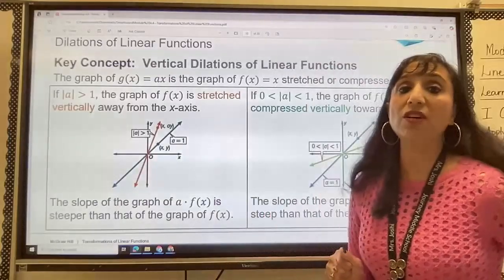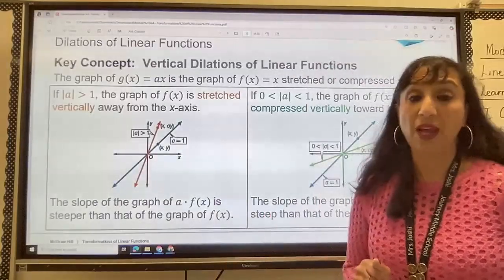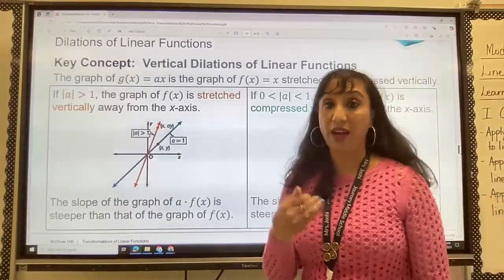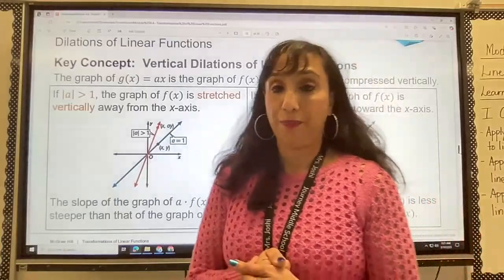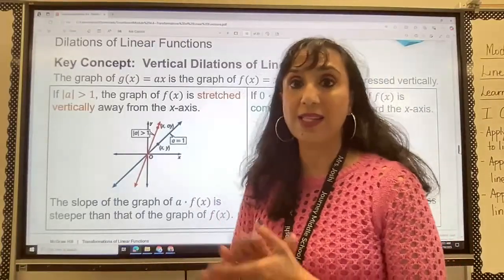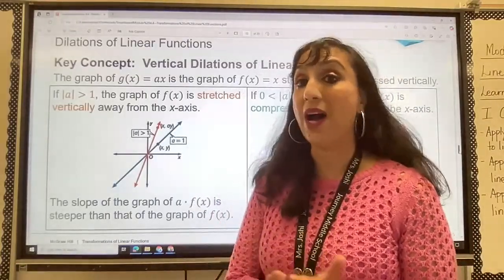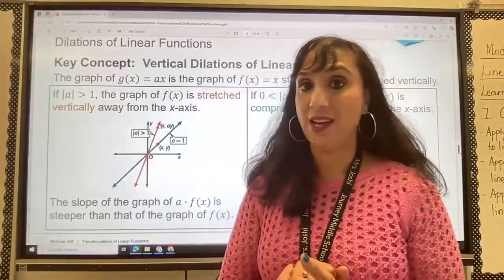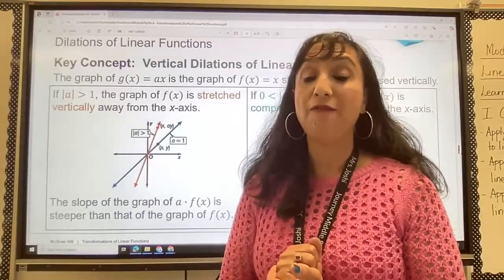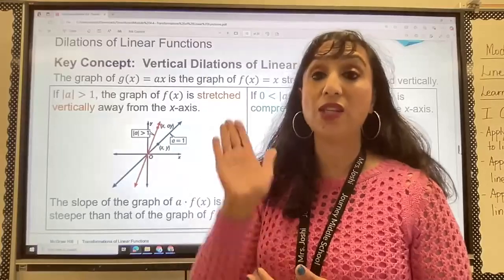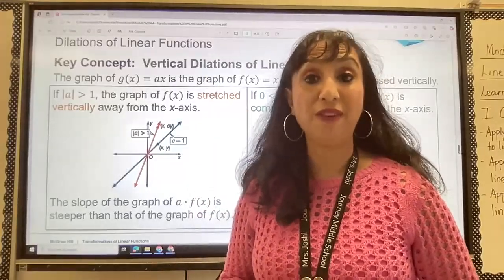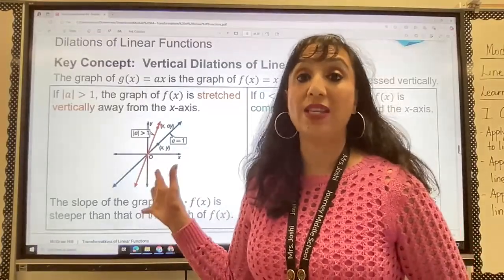The slope of the graph of a times f of x is steeper than that of the graph of f of x. Think of it: if I say y is equal to x, or y is equal to 5x, we know which one is going to go a lot faster and be more steep upwards, and that would be y is equal to 5x. That's basically what this means.